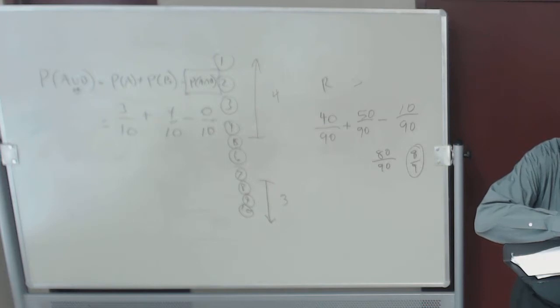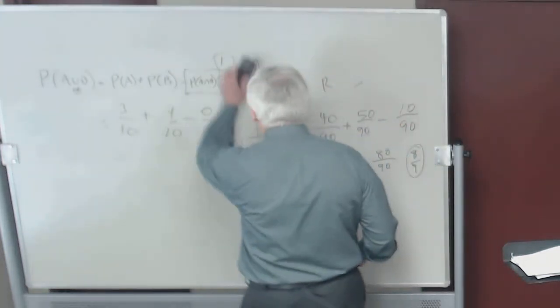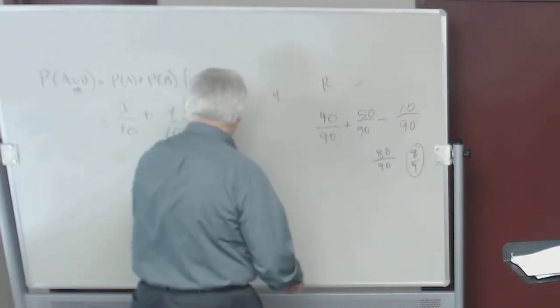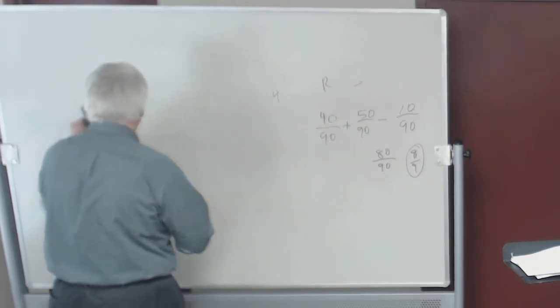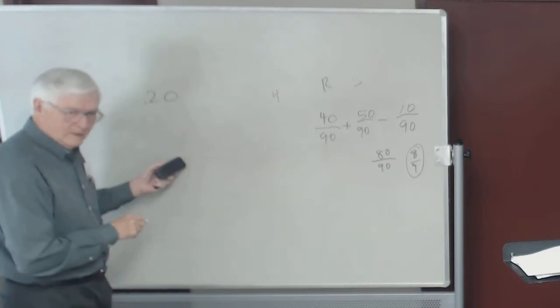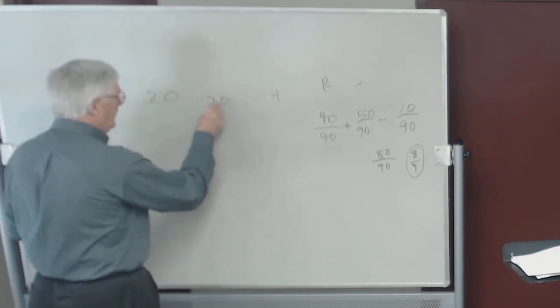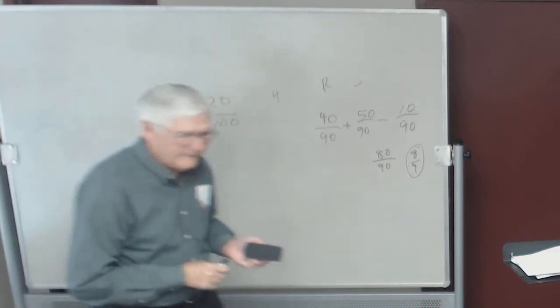Number of persons in line is 2. What's the probability? What's it say in that chart? 0.20, which would be 20 out of 100. Okay?